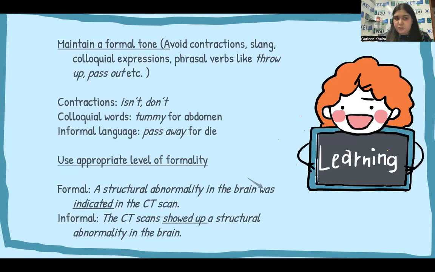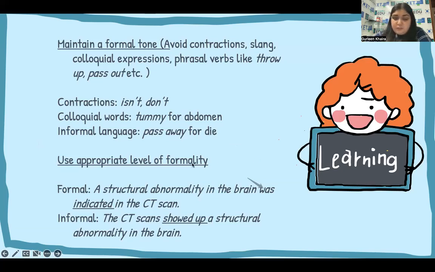So avoid contractions. Then avoid slang, avoid colloquial expressions, phrasal verbs like "throw up" or "pass out," etc. What is an example of colloquial words? Like "tummy" for abdomen. So we must avoid colloquial expressions. Informal language, "pass away" for die.